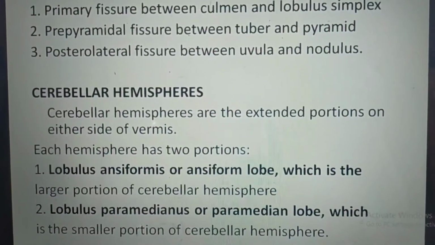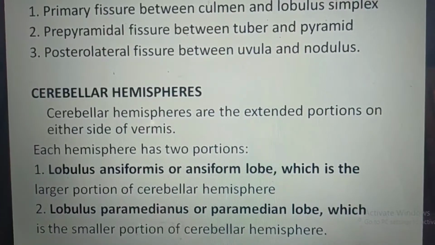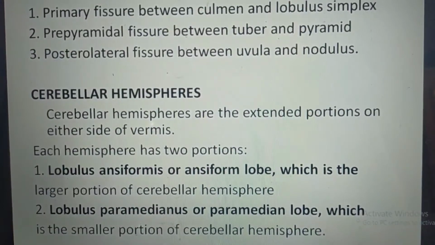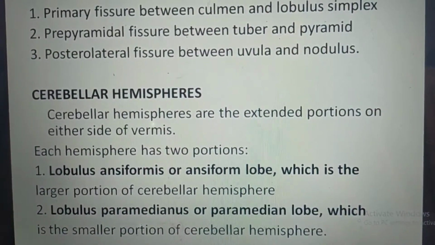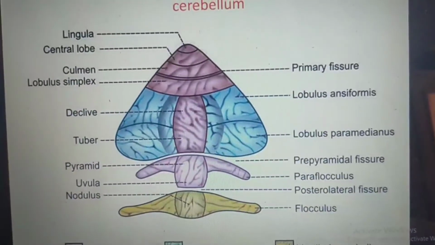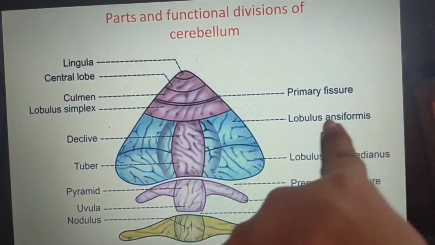Cerebellar hemispheres. Cerebellar hemispheres are the extended portion on either side of vermis. Each hemisphere has 2 portions. First is a lobulus ensiformis or ensiform lobe. This is the lobulus ensiformis.